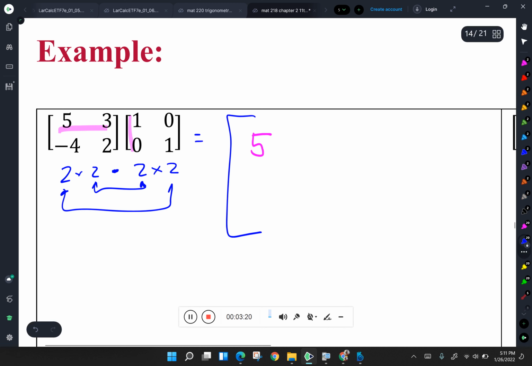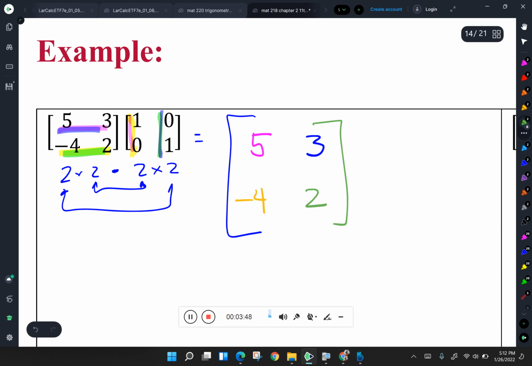And then when I do the first row times the second column, I'm going to get 5 times 0 is 0. 3 times 1 is 3, so I get a 3 right there. And then when I do the second row times the first column, negative 4 times 1 is negative 4. 2 times 0 is 0, so I get a negative 4 here. And then when I do the second row times that second column, I get a negative 4 times 0, which is 0, and I get a 2 times 1, which is 2, and so I'm back to where I started because the identity for matrix multiplication does nothing.